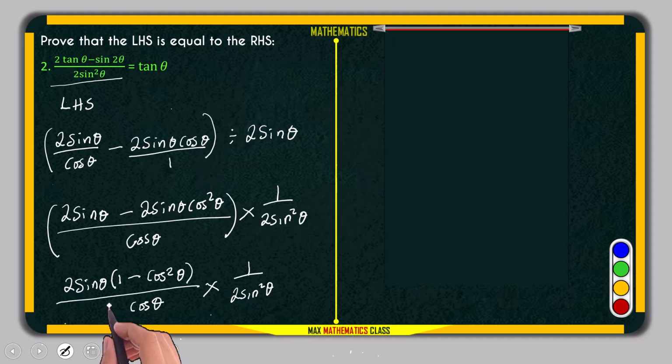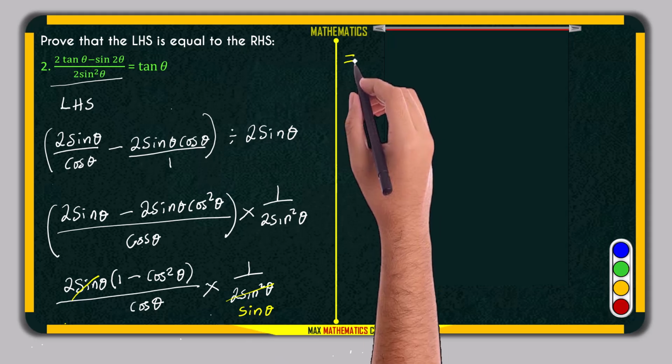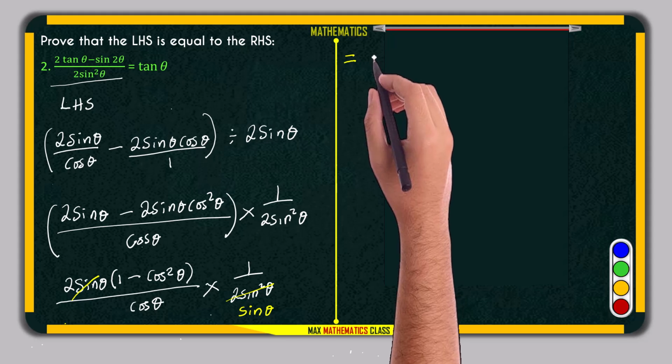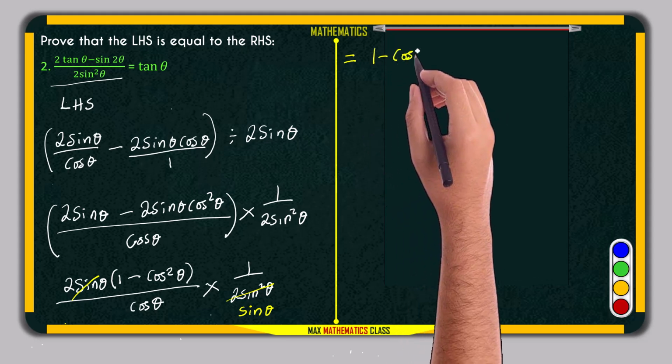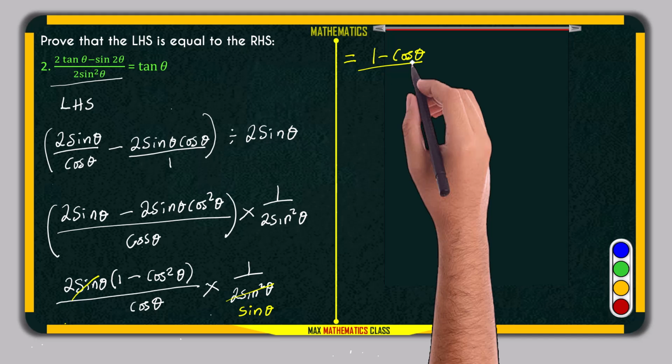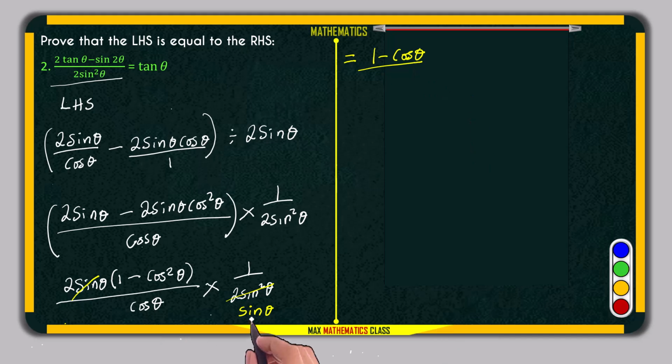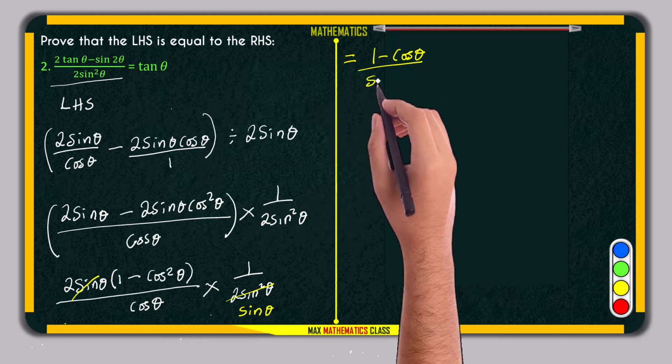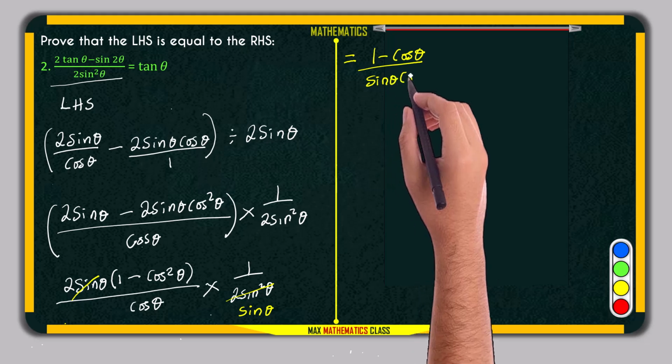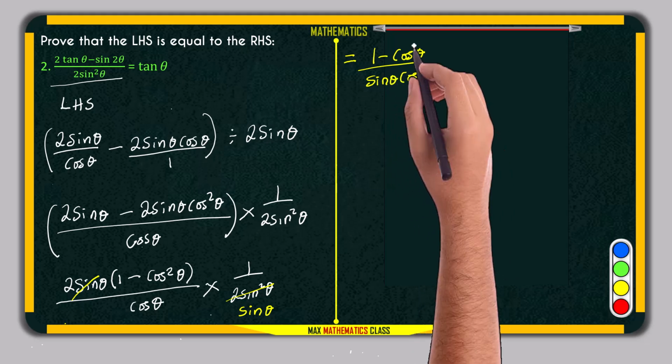This 2 sine theta will cancel out one of these, so that we now have sine theta here. So the new value we now have will look like this: 1 minus cos theta over cos theta times sine theta will give us sine theta cos theta square.